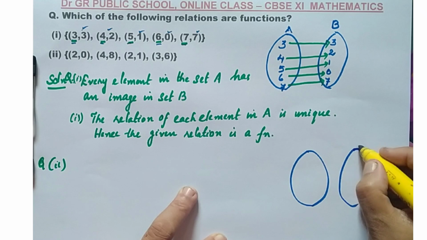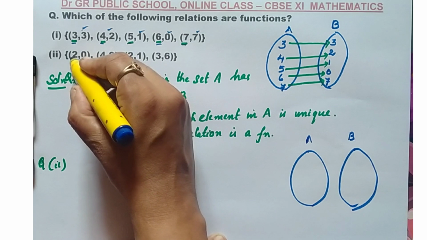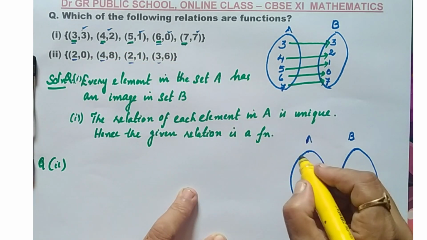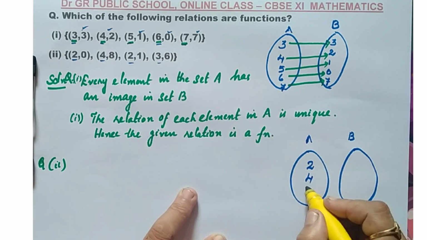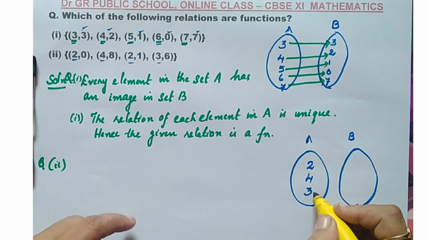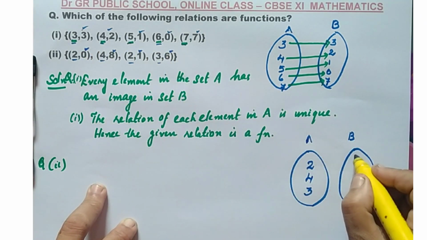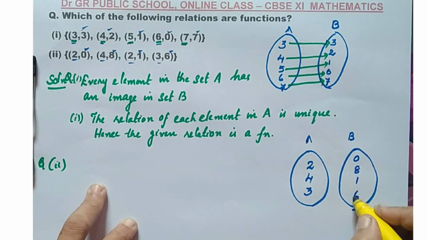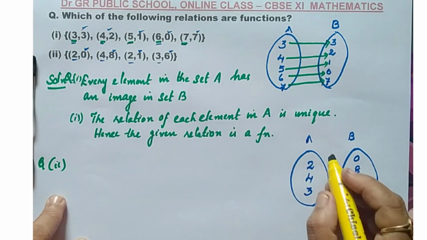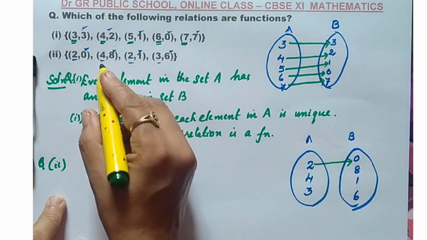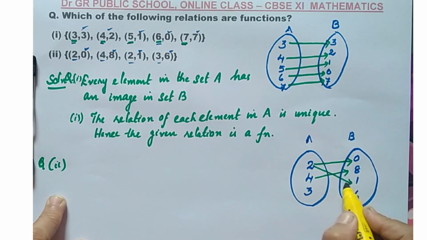Let A and B be the two given sets in which the first element comes from the set A. So 2, 4, again 2, no need to repeat it, 3. 2, 4 and 3 are the elements in the domain, and 0, 8, 1, 6 are the elements of the set B. Now we can make a connection: 2 to 0, 4 to 8, 2 to 1 and 3 to 6.